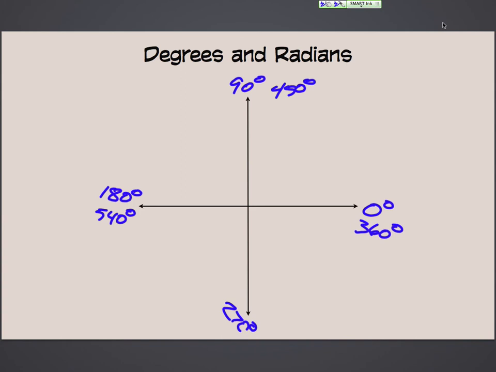So if I were going to show a 540 degree angle, I would have my initial side there and my terminal side there. But what am I going to do to show it's a 540 degree angle? I'm going to go all the way around, and then end up back there. That's how you do an angle that's bigger than 360. You just keep going until you get to where you want.